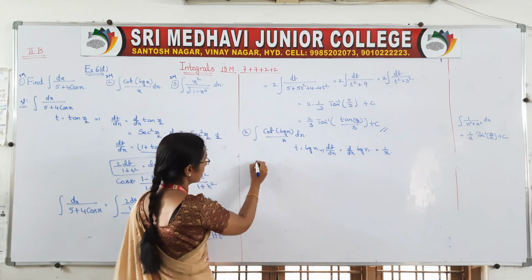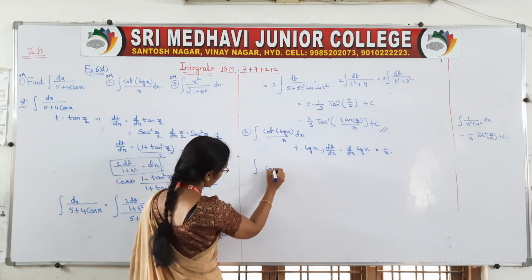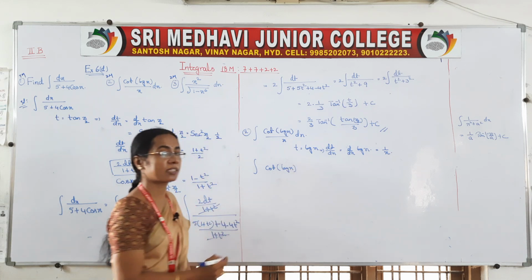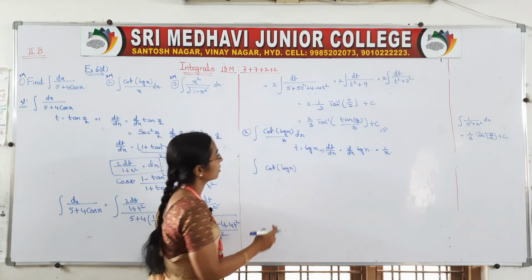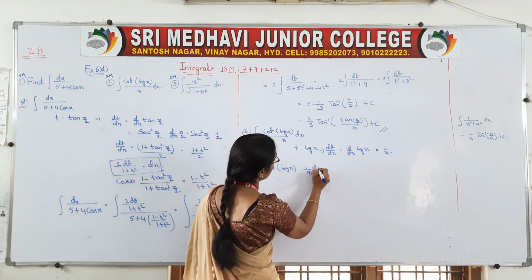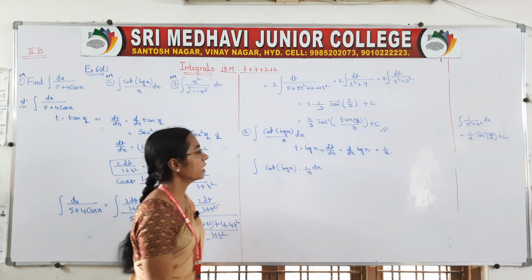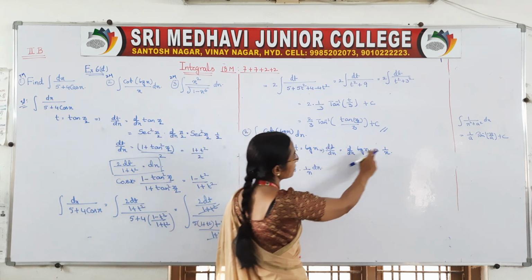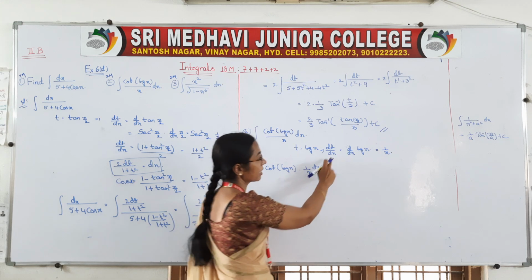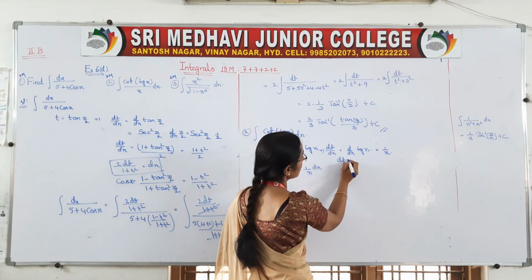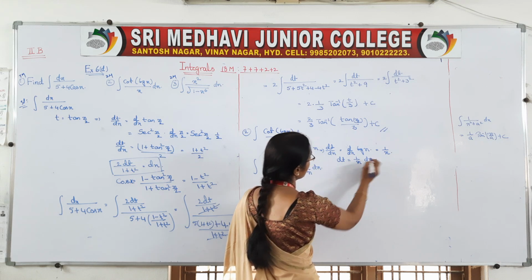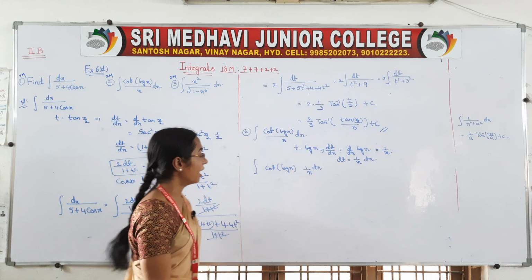So we can write the problem as, how can we write? Cot of log x. It is not cot x into log x, it is cot of log x, right? So we cannot write separately, into 1 by x dx. We can write like this. Okay, so dt by dx is equal to 1 by x. Here we are having 1 by x dx. So here you send this dx that side. What happens? 1 by x dx, that is your dt value.